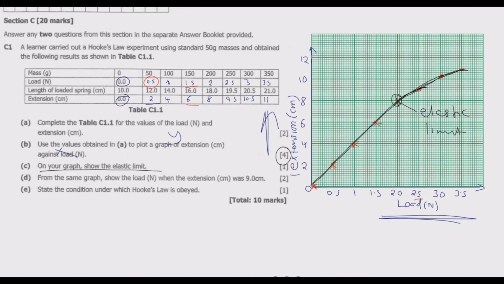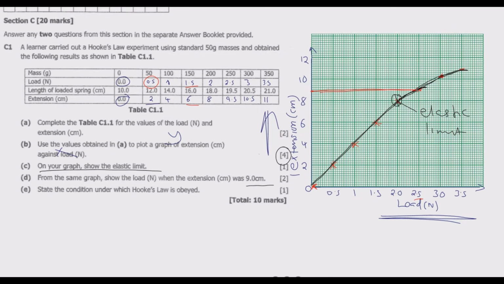We look at question D. From the graph, show the load in newtons where the extension was 9 centimeter. So what we do is we come to this graph. Then 9 is somewhere here at the half. Then we draw this line to where it meets this point.